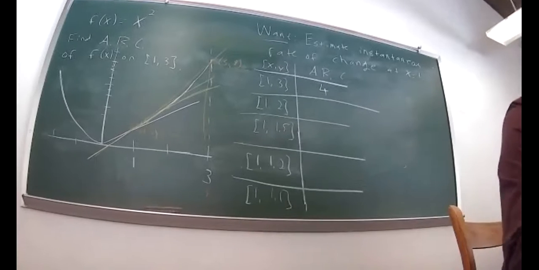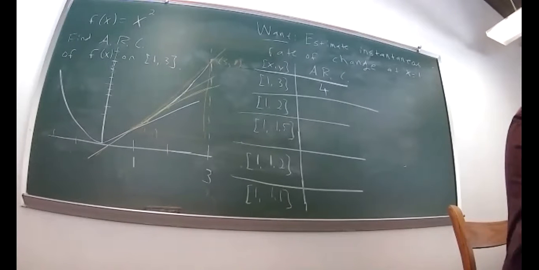By the way, there's a name for instantaneous rate of change. It's also called the derivative of the function at the point. So this is your first introduction to what's a derivative. We'll talk about that a lot more, but we need to explore later on this concept of what's a limit.